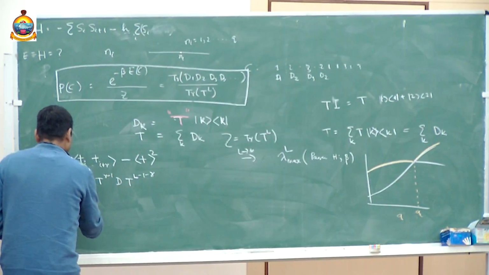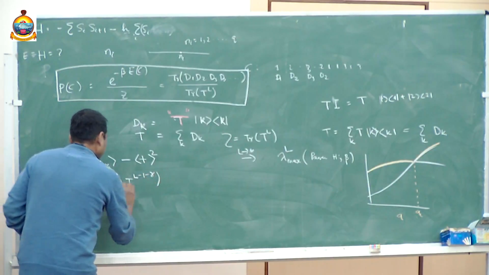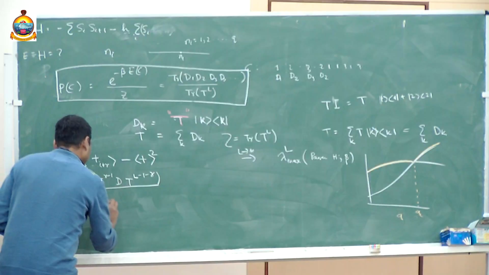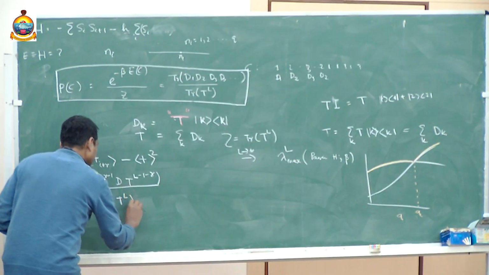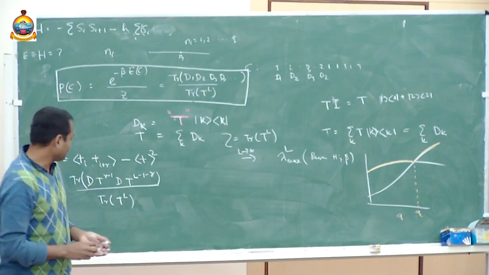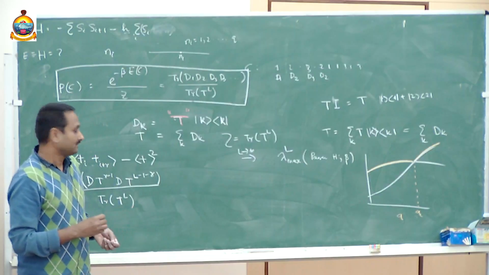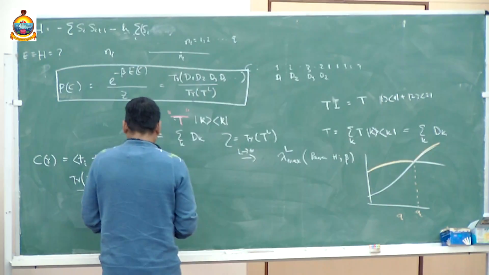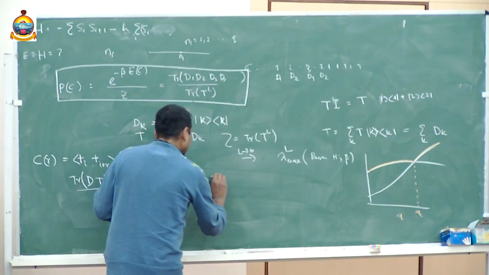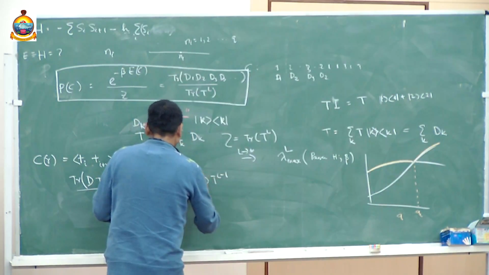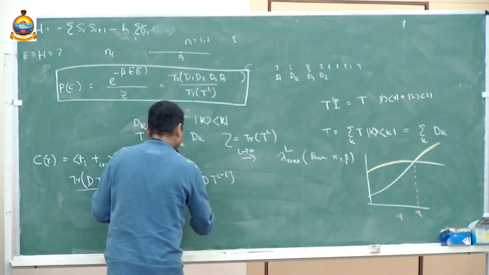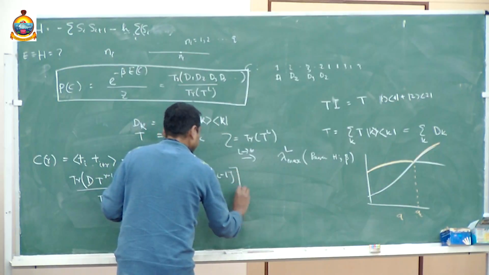You take this divided by the trace of t to the power l, which gives you all configurations. Then the minus square term: that is d t to the power l minus 1, and the trace of that divided by z, of course, the partition function, and this squared.